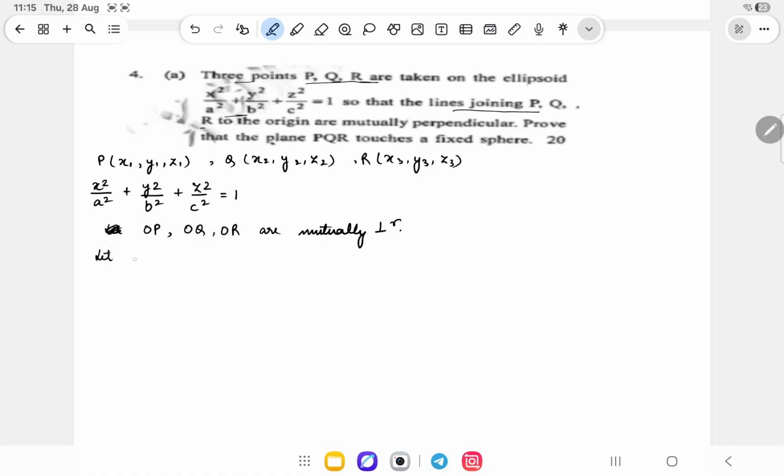Let me assume that L1, M1, N1 are direction cosines of line OP, likewise L2, M2, N2 are direction cosines of line OQ, and L3, M3, N3 are direction cosines of line OR. Also let's assume that these lines OP, OQ and OR are a distance R1, R2, R3 away from origin.